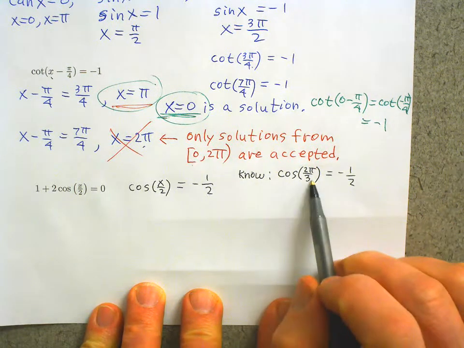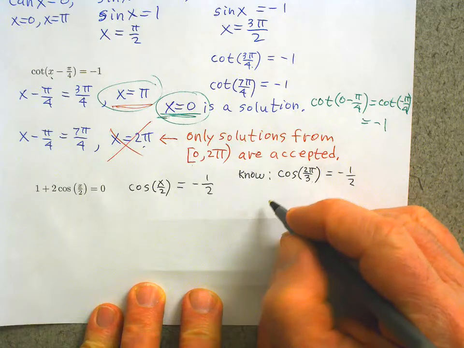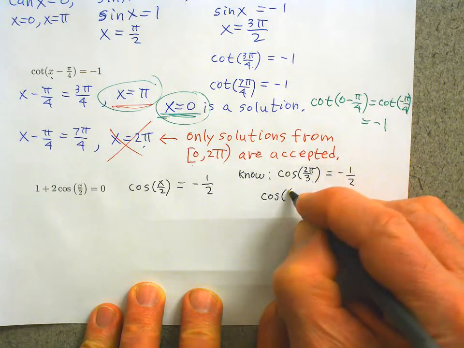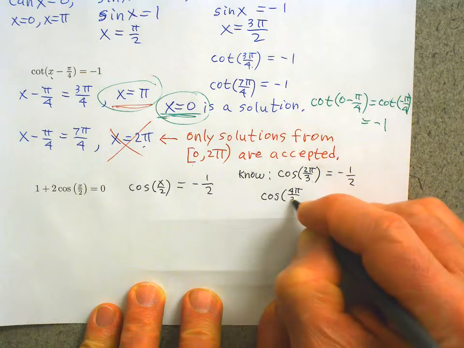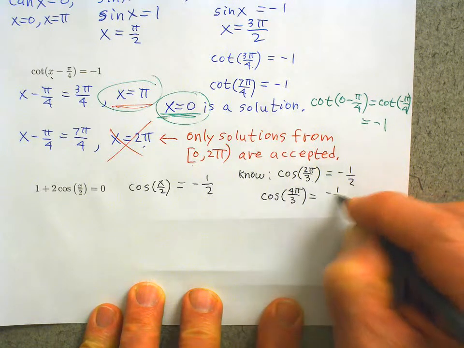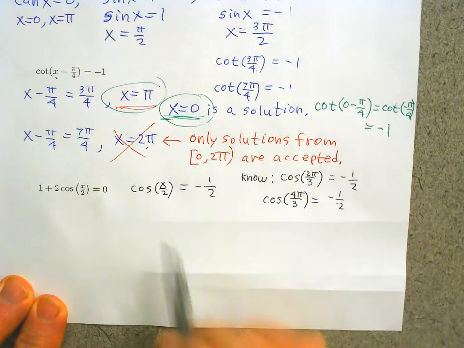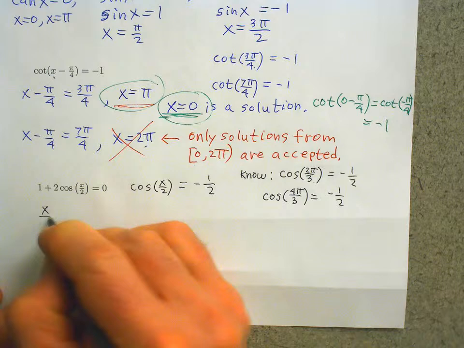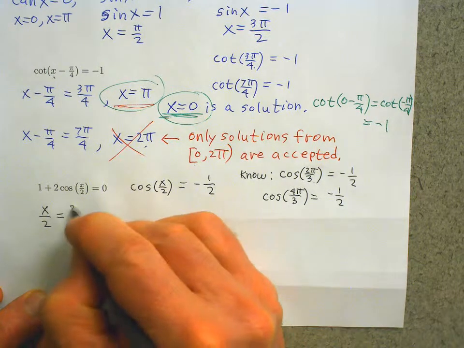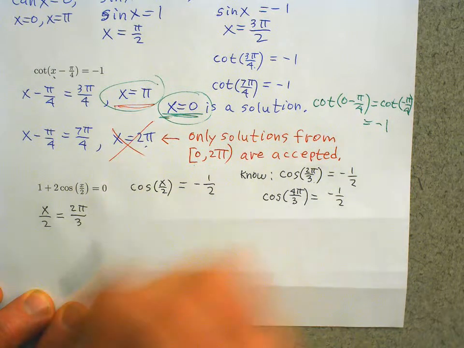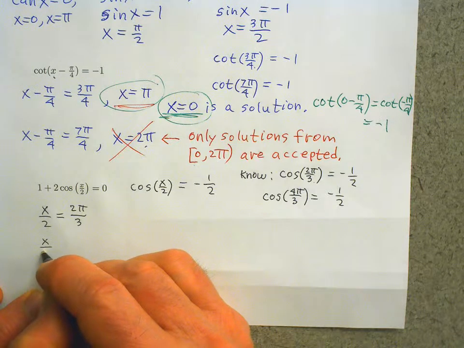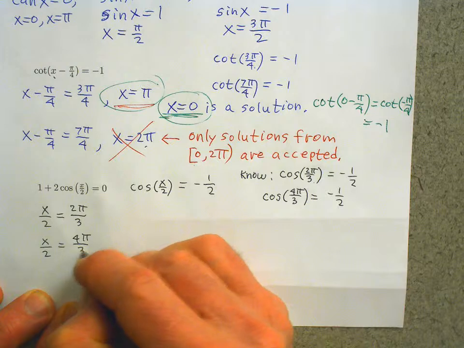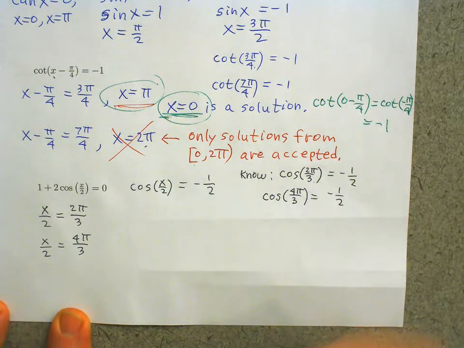That's in the second quadrant. And we also know in the third quadrant, cosine of 4 pi over 3 is equal to negative 1/2. So if we set x over 2 equal to those, x over 2 equals 2 pi over 3, and x over 2 equals 4 pi over 3, and then solve for x.